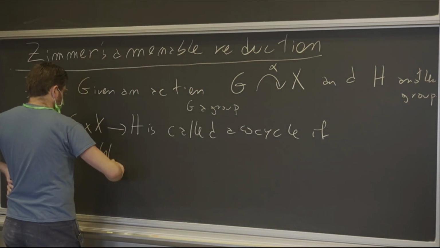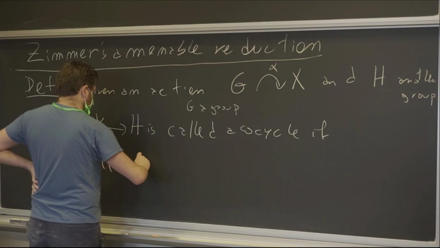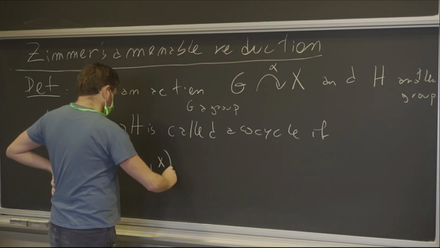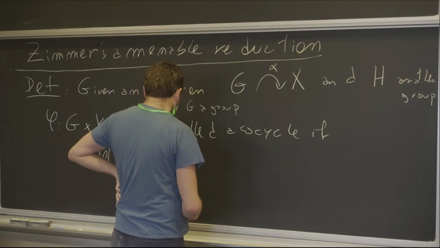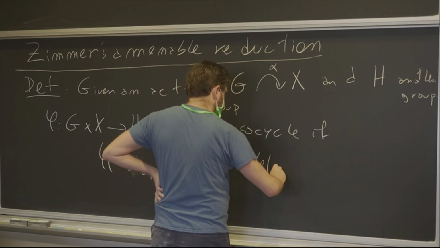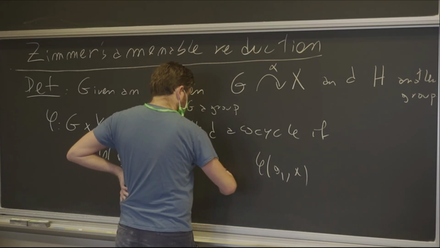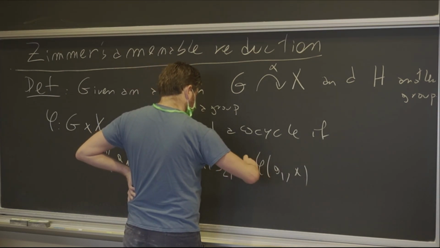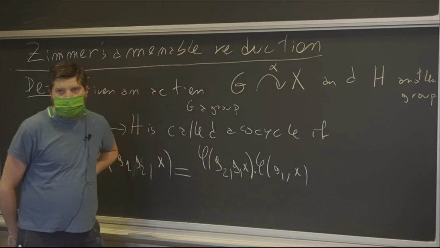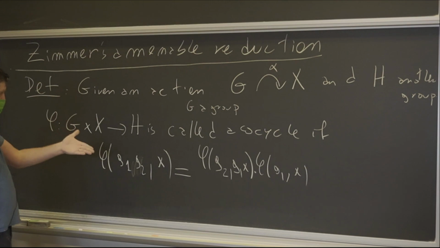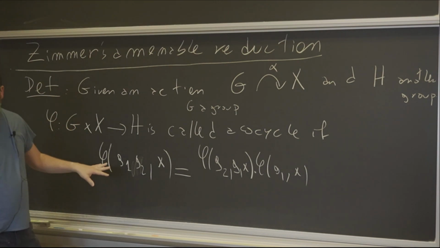So phi of G1 G2 over X should be phi of G1 X times phi of G2 applied to G1 X. Since nothing is commutative here, the order is very important.